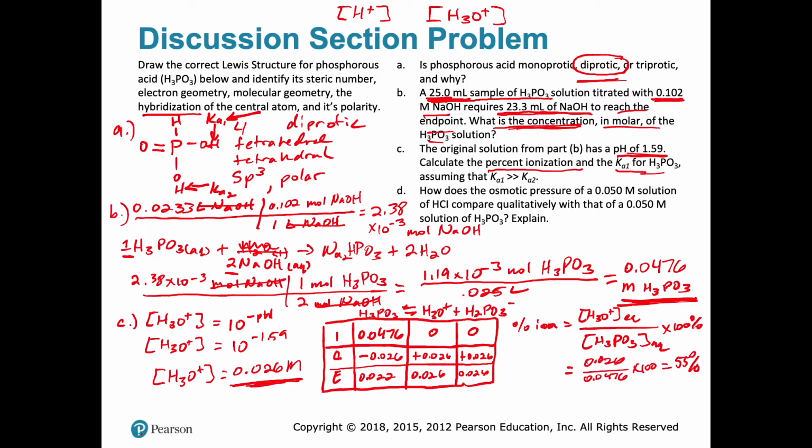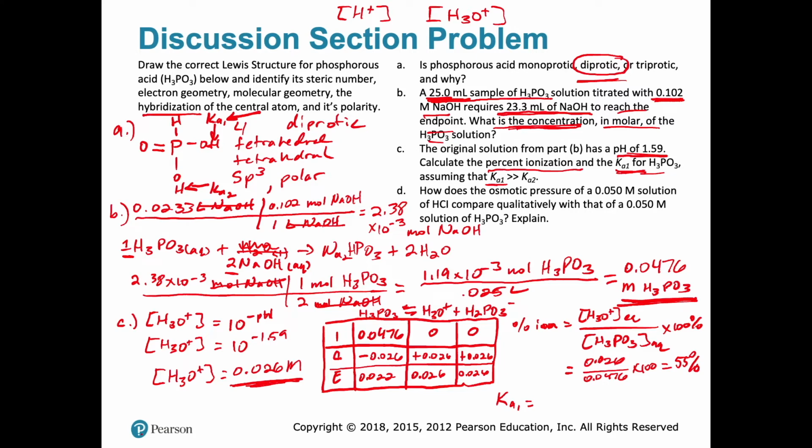Now we'll figure out what Ka is. What is Ka1? And if you recall from the expression I gave you before, K equals exactly the same as it always equals for every single equilibrium thing. It's products divided by what? Reactants.